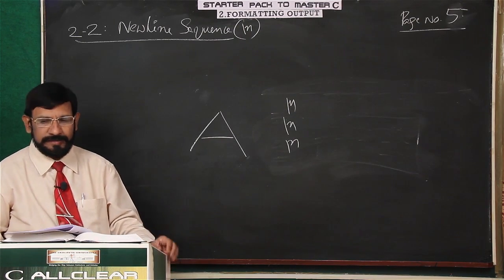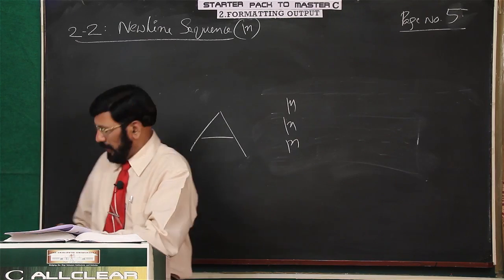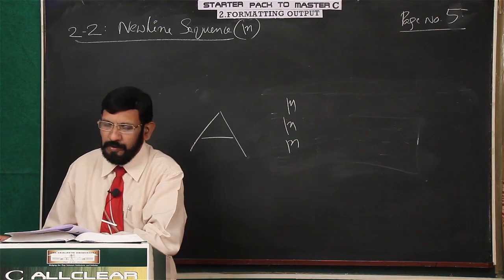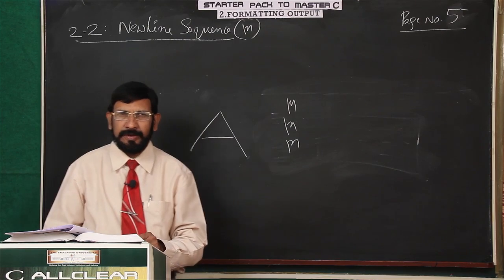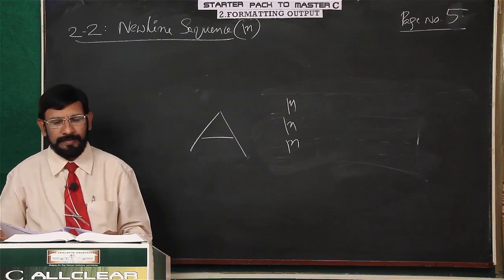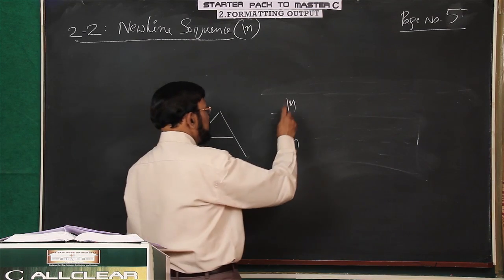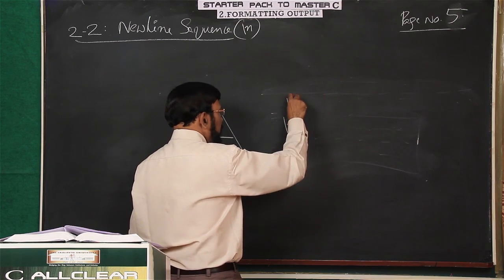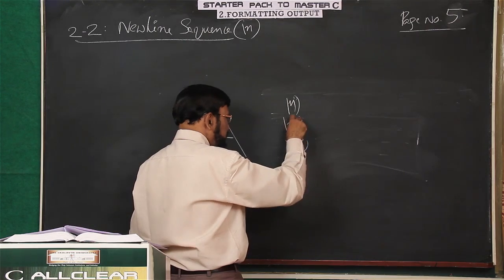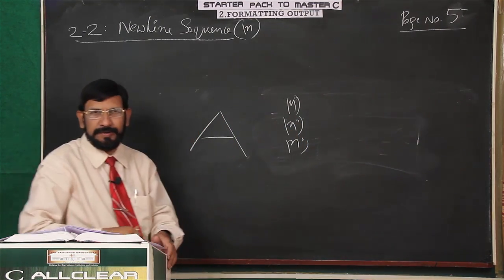Now, come to the 2.3 program. In the 2.3 program, what is the difference? Just compare 2.2 and 2.3 side by side. In 2.2, I have written all the newline sequences at the end of the printf statement, at the last element.